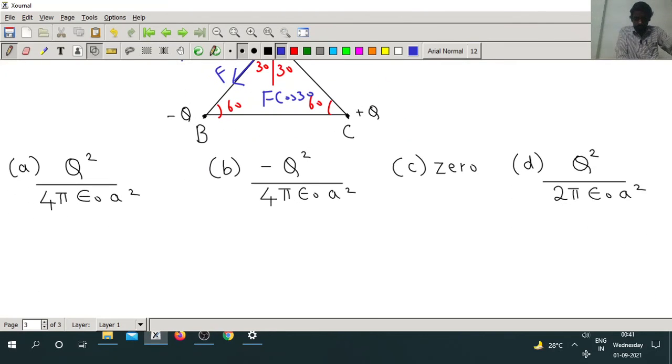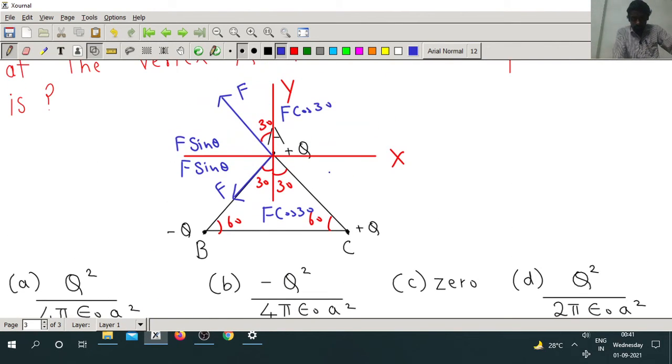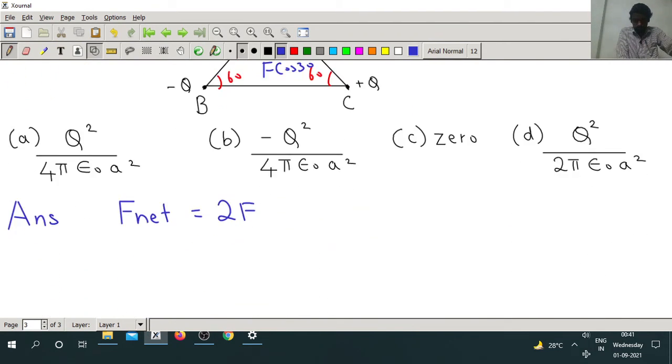So we can see over here the net force will be equal to 2 times F sin theta, right? And here is the force equation.